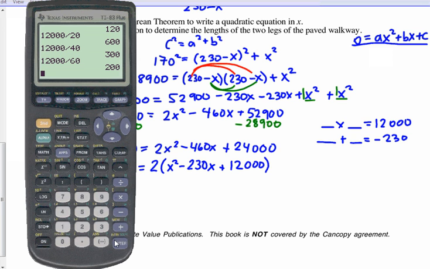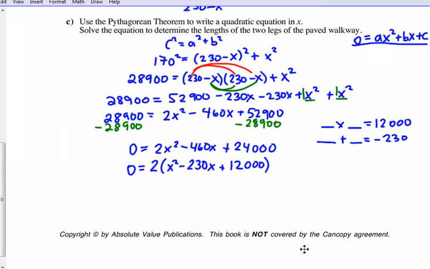Are we getting close? Kinda. What's another one we could try? We did 20, 40, 60. So you try 80. 80 and 150. Does that add to 230? Yeah. So think of the number in front, the 12, and go from there. Okay, so negative 80, negative 150.